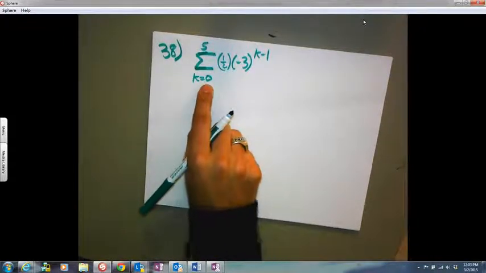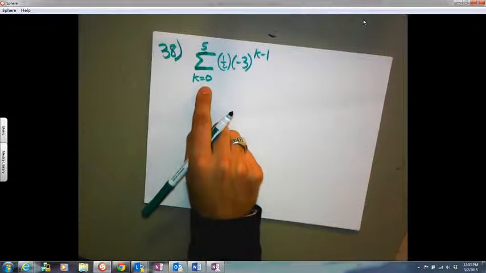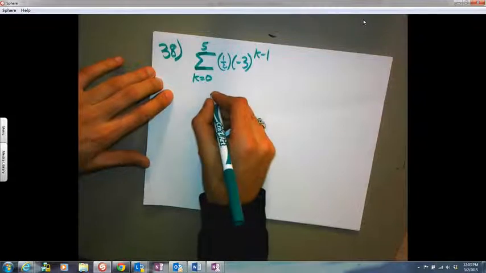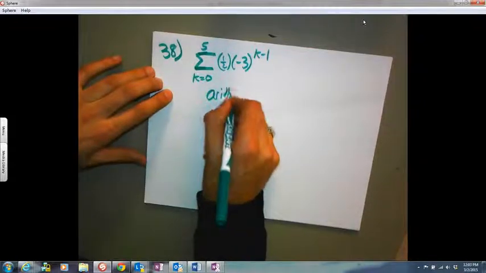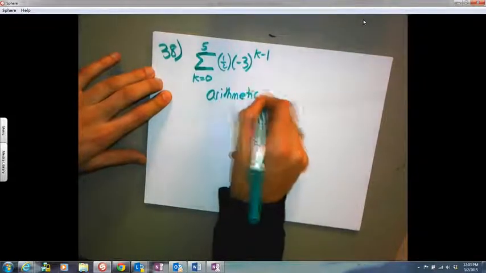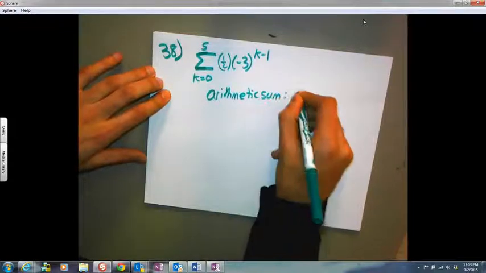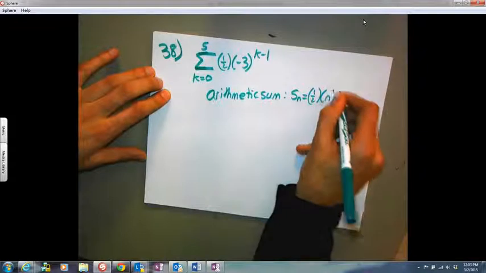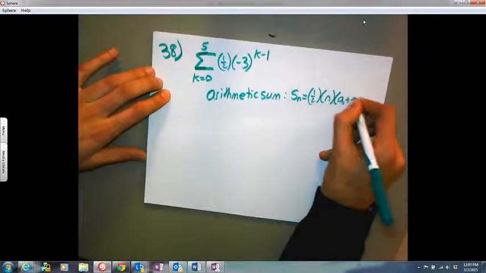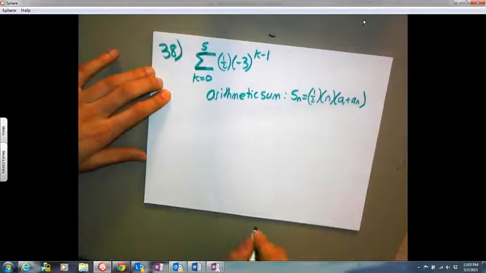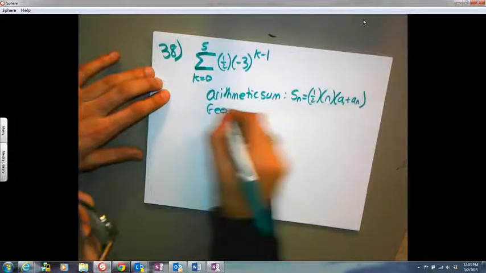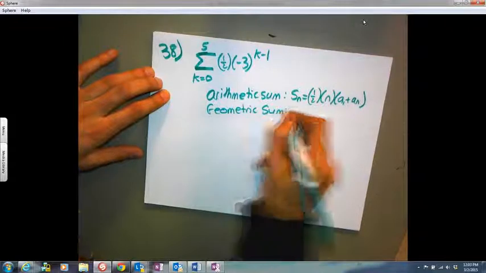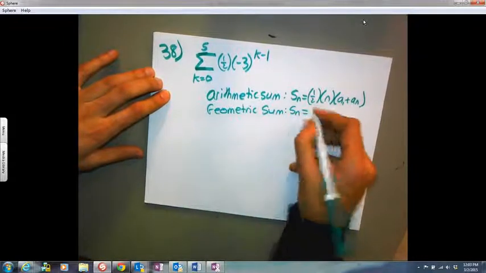If you think about the formulas we use, for arithmetic sums, the formula is S sub n equals 1/2 n times a1 plus an. Of course, for geometric sums, the formula is S sub n equals a1 times 1 minus r to the n all over 1 minus r.